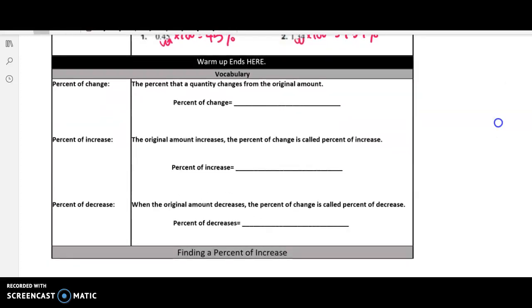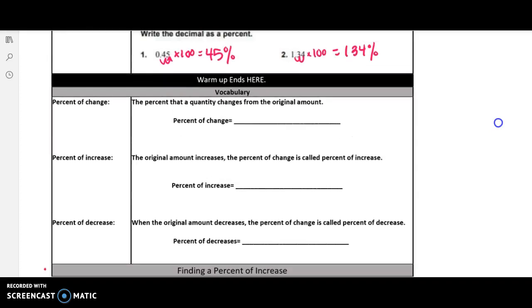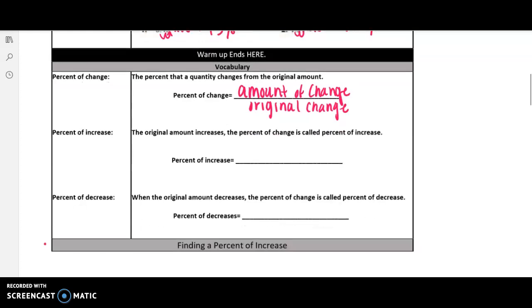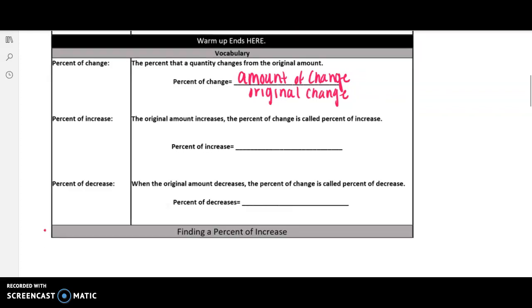All right, so we are looking at percent of change. Percent of change is the percent that a quantity changes from the original amount. So the percent of change is the amount of change divided by the original amount. When the original amount increases, the percent of change is called the percent of increase.